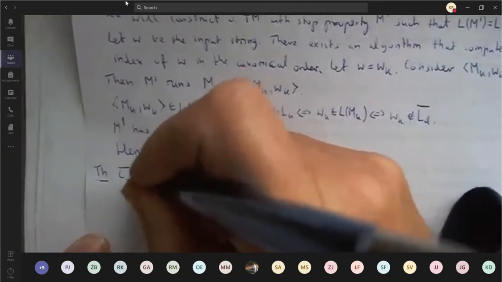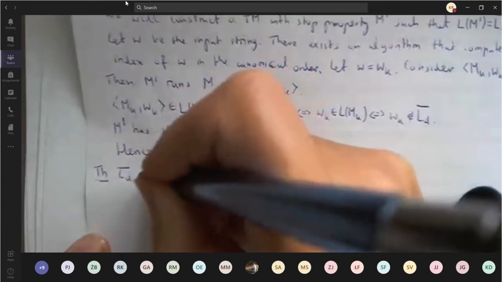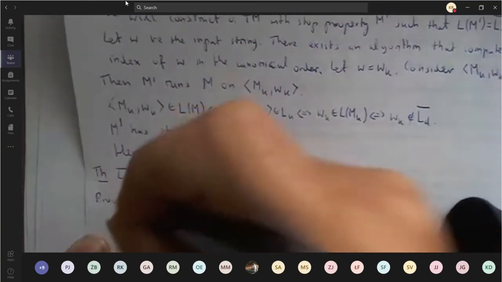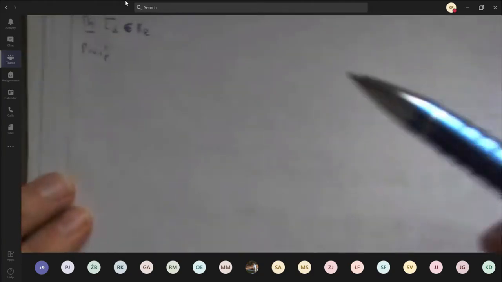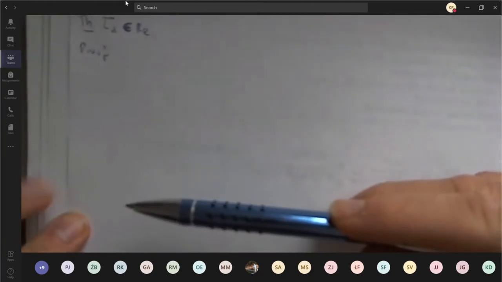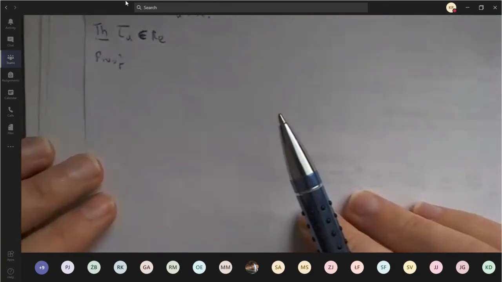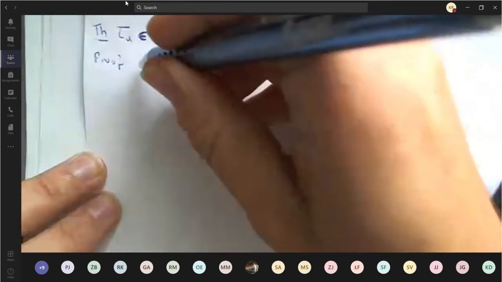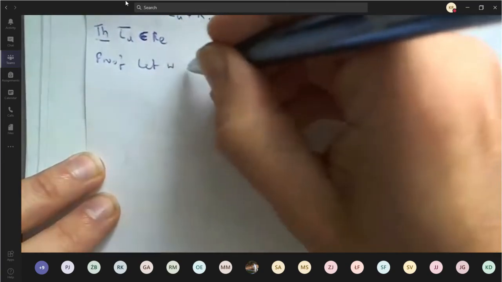The complement of the diagonal language is recursive. Proof. Let W be the input string.